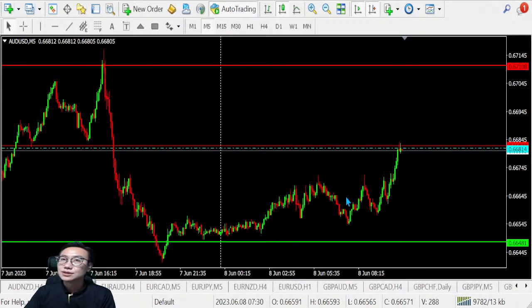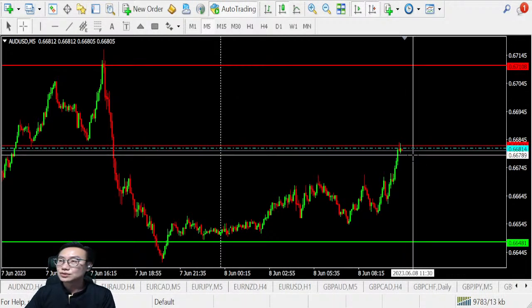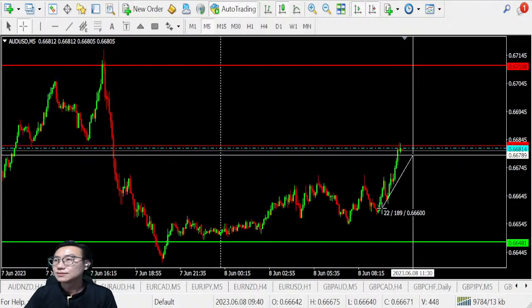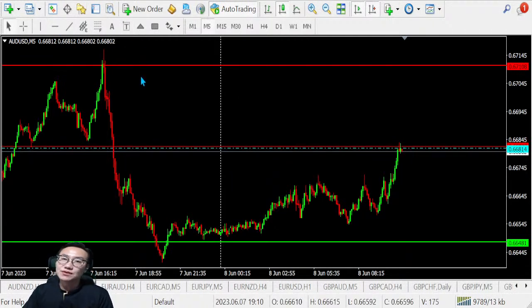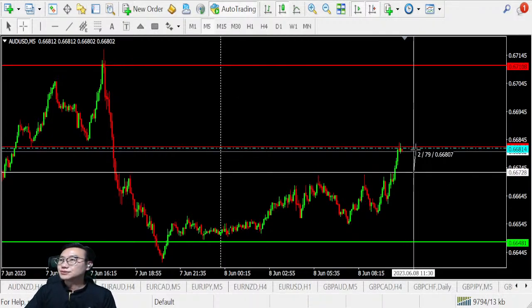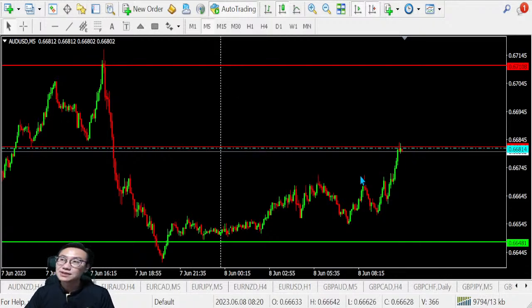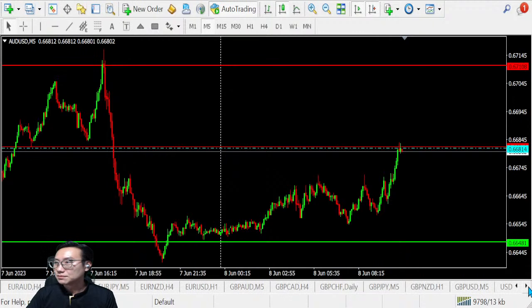It looks like it will still continue the selling. I see there's going to be a temporary sell down, but we only have about 7 to 8 pips, so it's not enough to scalp.